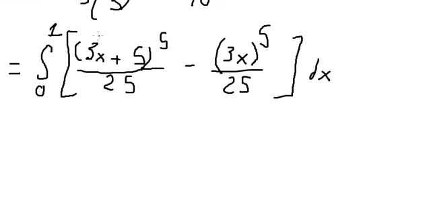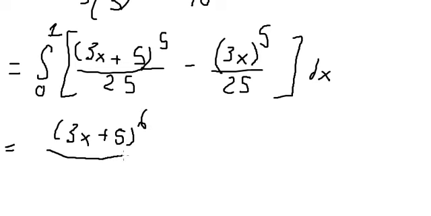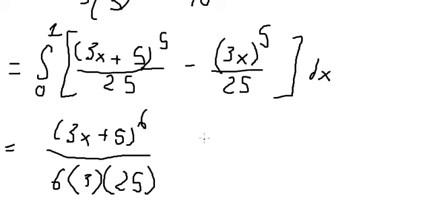Now we do another integration of dx. This one we will have about (3x plus 5) to the power of 6. We have number 6 in here. We have number 3 coefficient of x, and number 25. Similar for this one.